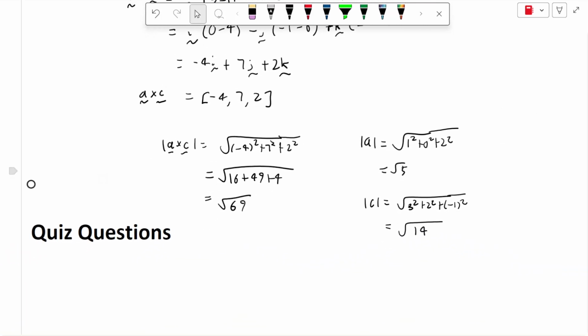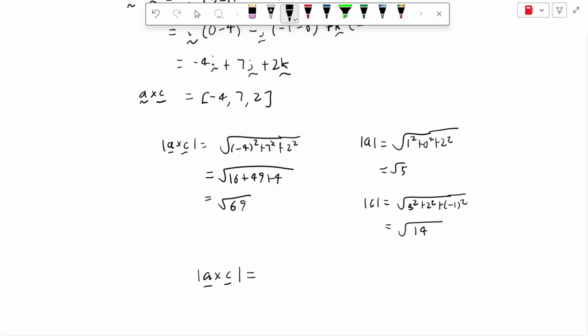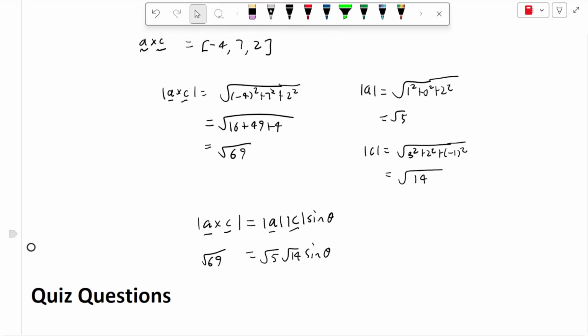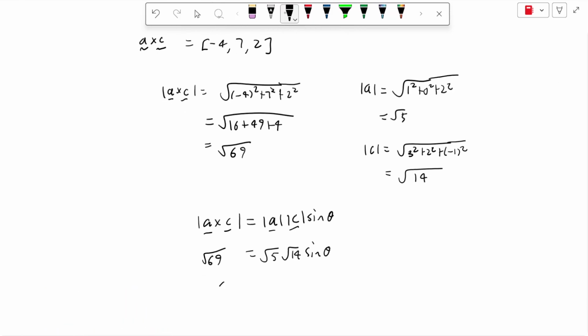Cool. All right. So now that we have all three of those pieces, mod A cross C equals mod A, mod C, sine of whatever the angle is between them. So root of 69 is root of 5, root 14, sine theta. We can get sine of theta is root of 69 over root 5, root 14.